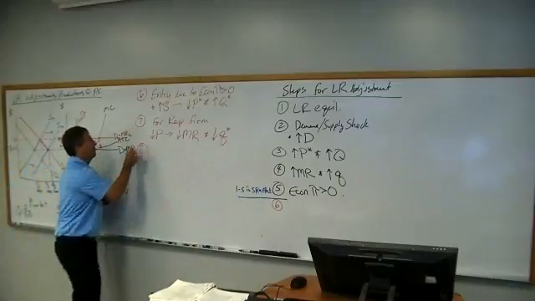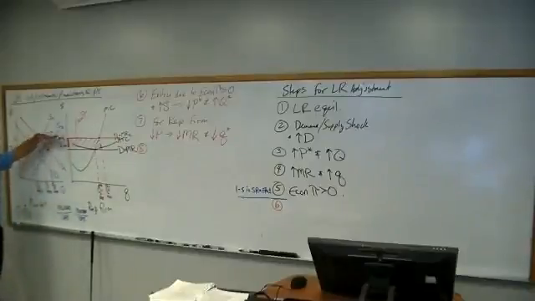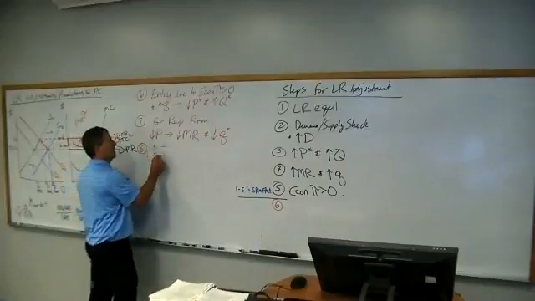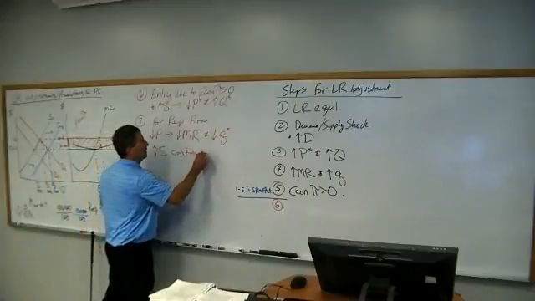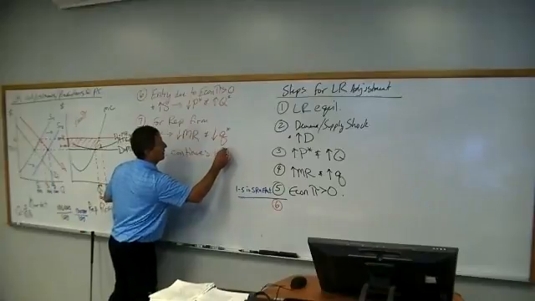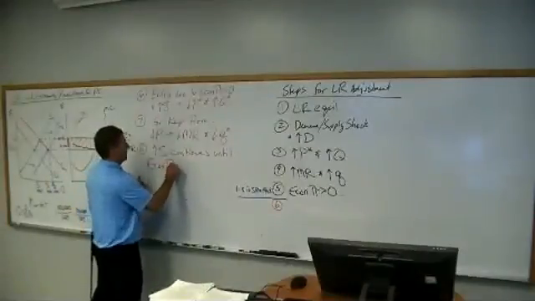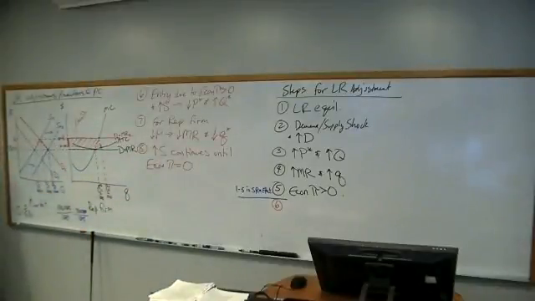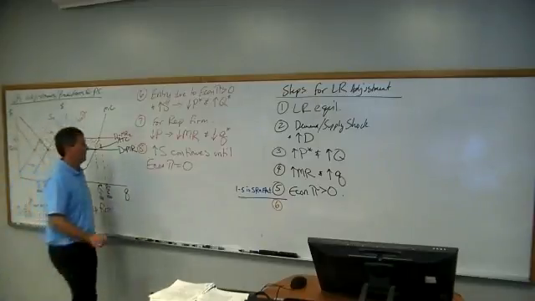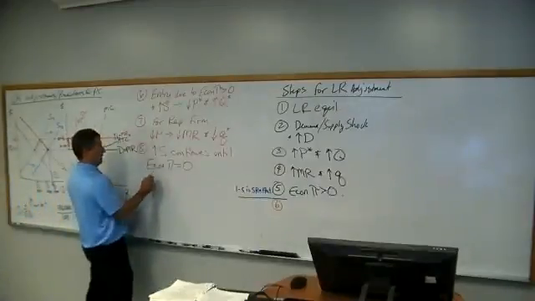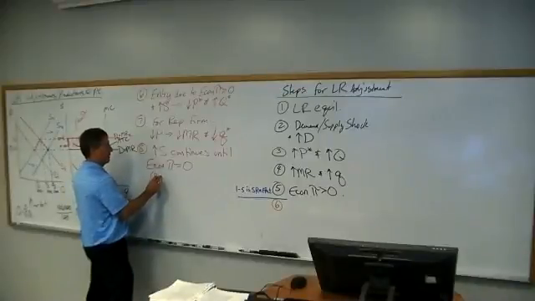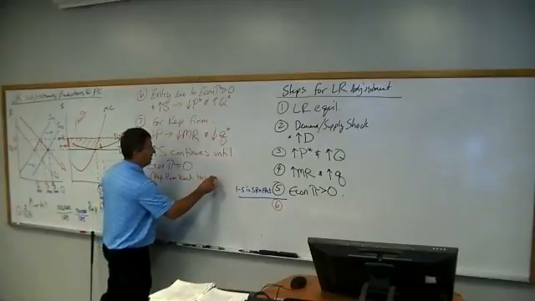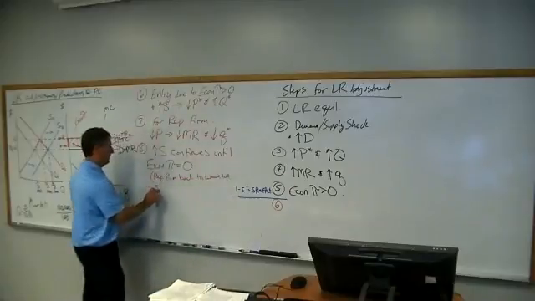So number 8, that price is just going to keep falling until we get to economic profits of 0. So the increase in supply continues until economic profits are back to 0. So the representative firm is back to where we started.